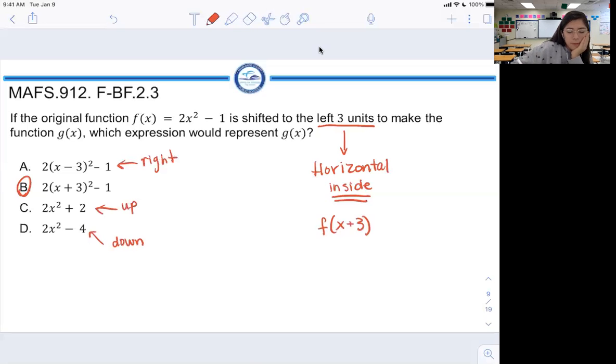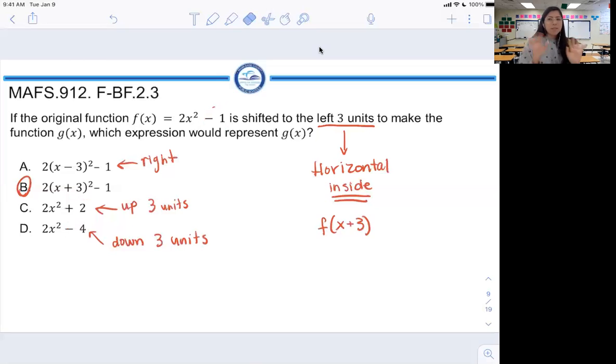Look, compare. This used to be a -1. Now it's a +2. How many units up did it go? Yeah, up 3 units. And then this one, we said down, also down 3 units.